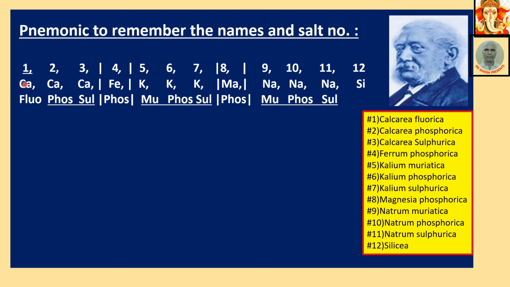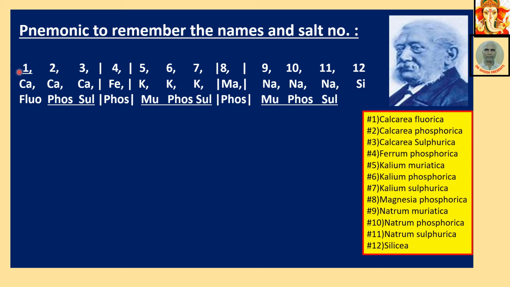Note this: K, K, K, Fe. K, K, K, Ma. Na, Na, Na, Si. Fourth, eighth. First thing, you just separate salt number 1 and salt number 12 because they are unique. There is no extra fluorica, there is nothing about silica anywhere.